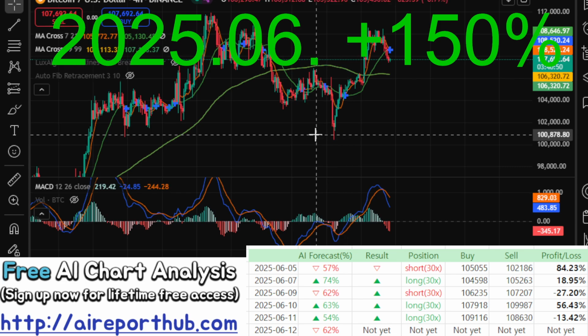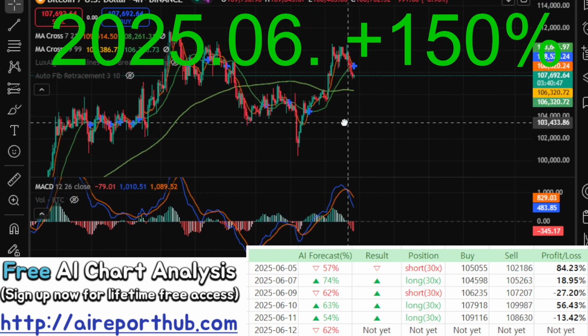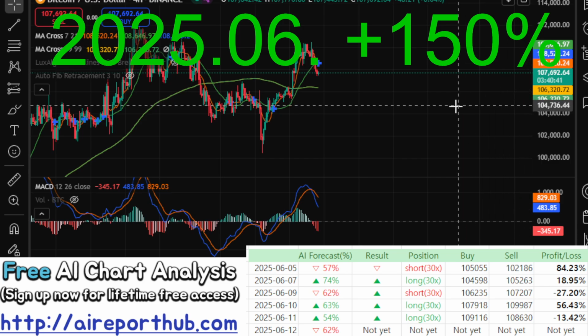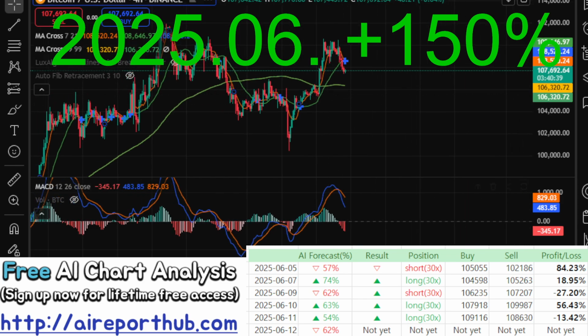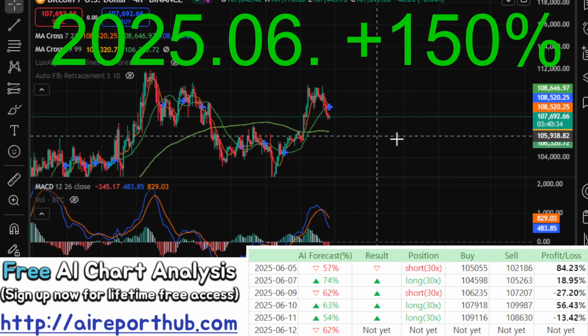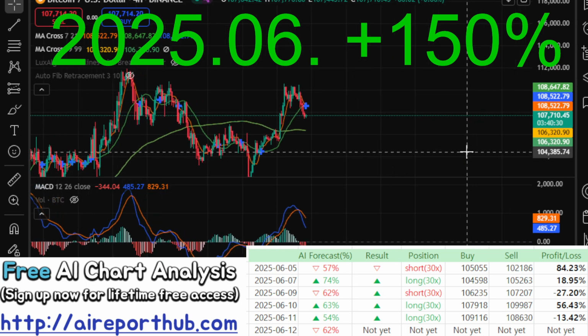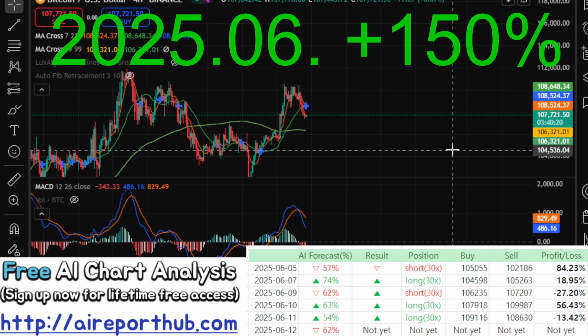Using Fibonacci retracement levels, the 106,000 zone acts as a key support level for a potential bounce. The 104,000 area overlaps with the previous low, making it a strong candidate for deep buying activity.